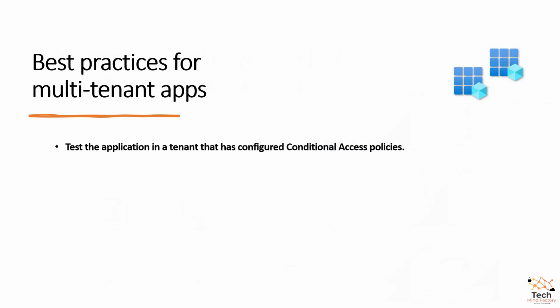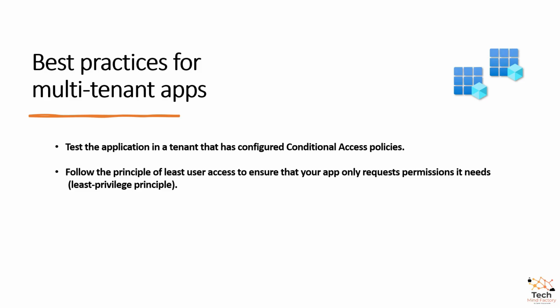Okay, let's talk a little bit about best practices for multi-tenant applications. First of all, test the application in a tenant that has configured conditional access policies, just to avoid weird behavior during the authentication for users. Follow the least privilege principle.